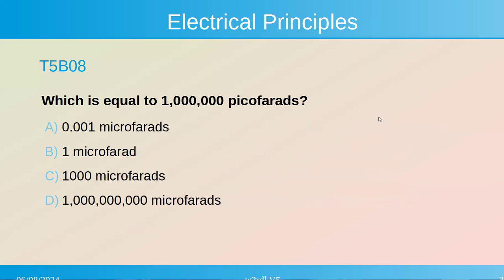Which is equal to 1 million picofarads. Now, remember, a picofarad is 10 to the minus 12, and they're giving you all answers in microfarads, which is 10 to the minus 6. So the difference is a million. There's a million picofarads in a microfarad.